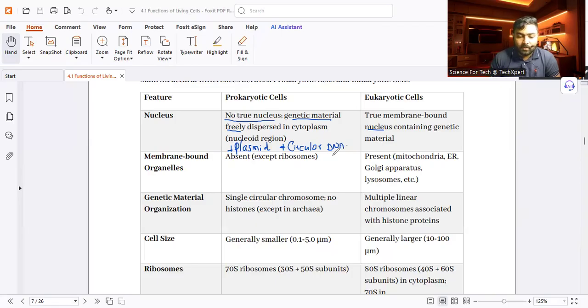This circular DNA is used mainly for genetic engineering purposes. Plasmid and circular DNA are also available in prokaryotic cells.